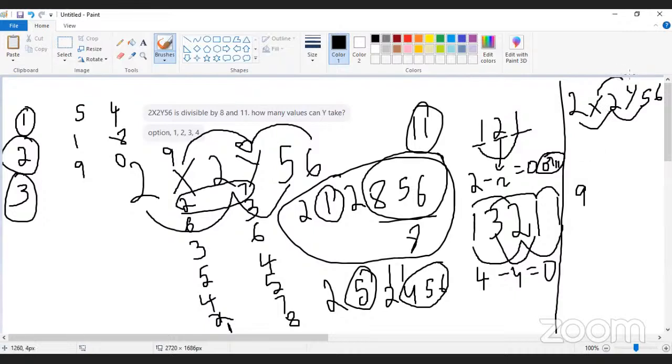So that is x plus y plus 6. If I subtract, it should give me 11. What is the option? Is there any other option? If I subtract, I should get 11.